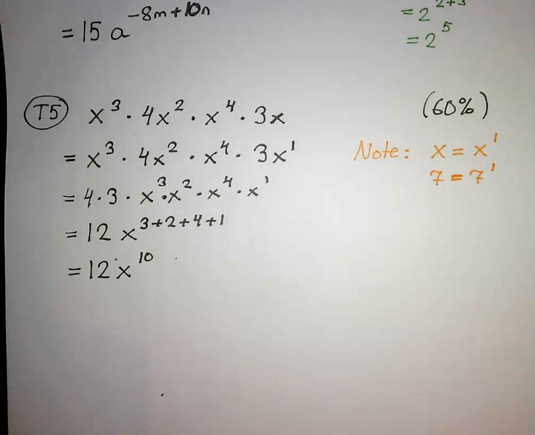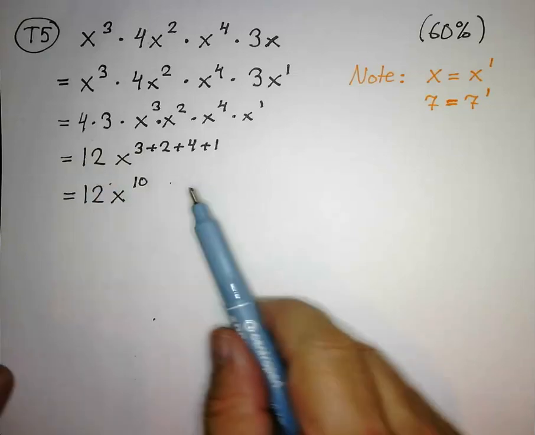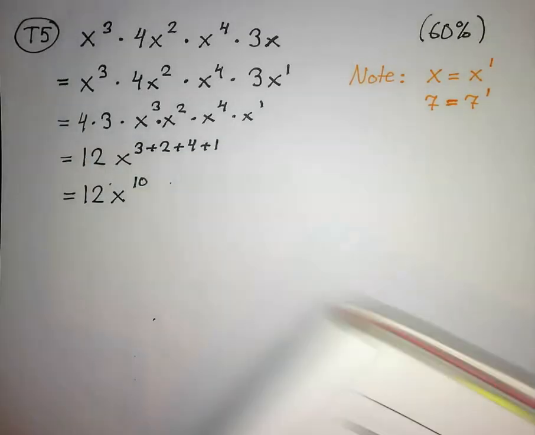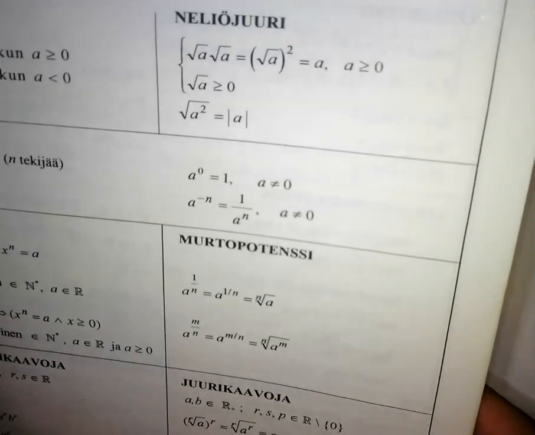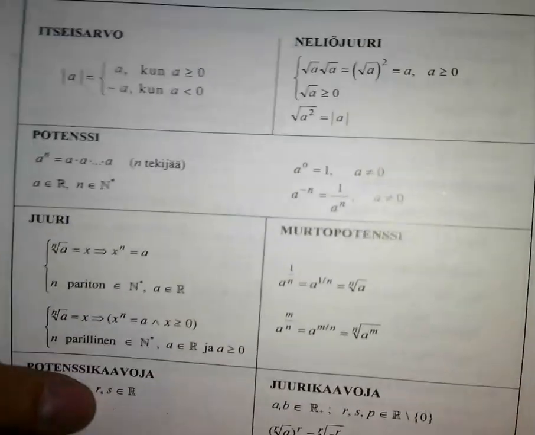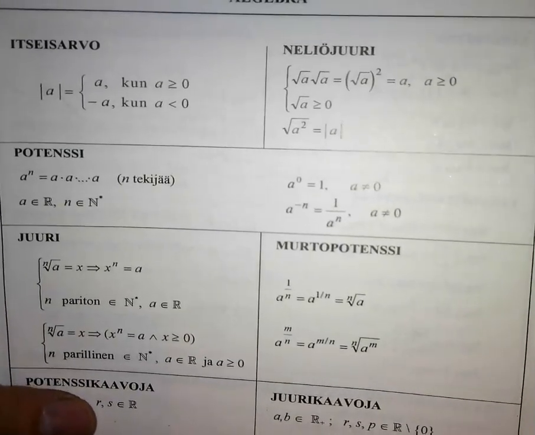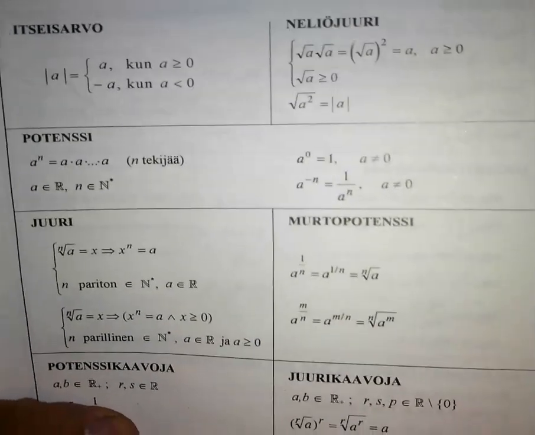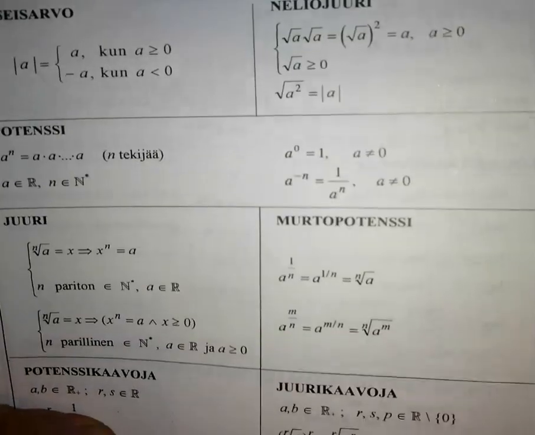Okay, now, yes, so this is an important thing. Notice one thing which was not in this problem. You may have some formula books which have the same rules there, but maybe with different letters.